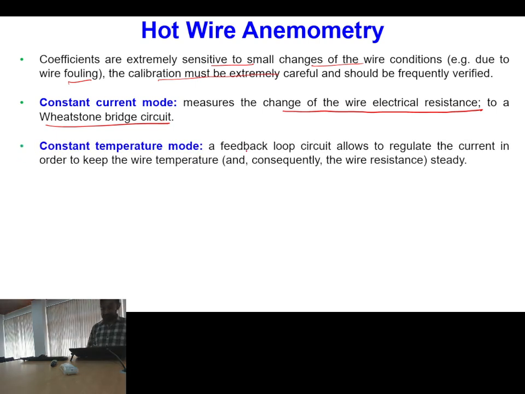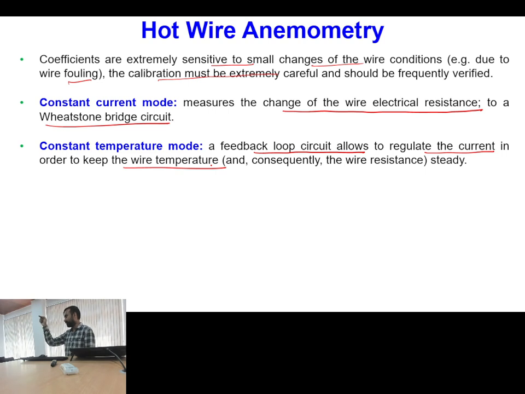Here we should have a feedback loop circuit which is able to regulate the current in order to keep the wire temperature constant. Whenever you see that temperature has started falling, it should start increasing the current, and once the temperature has reached the value, it should start decreasing the current. So you have to constantly regulate the value of the current. That's why you should have a feedback circuit here.